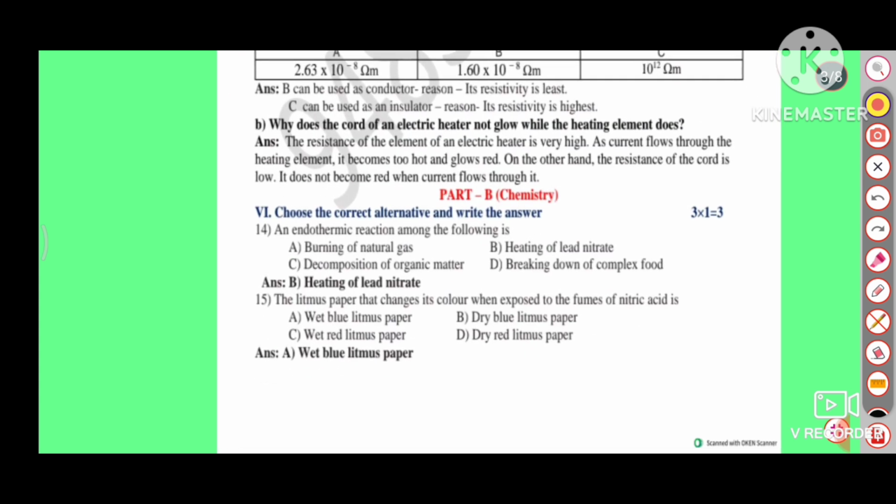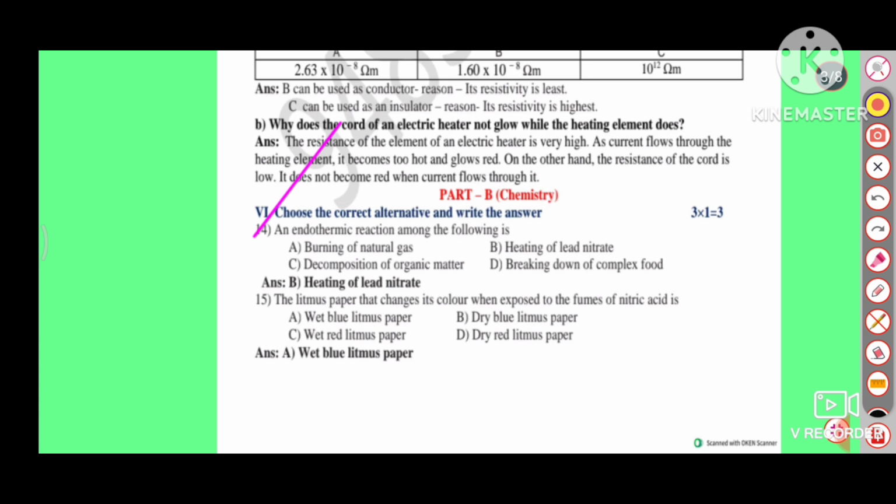Next, part B, chemistry. Choose the correct alternative and write the answer. 14th question: an endothermic reaction among the following is: options are burning of natural gas, heating of lead nitrate, decomposition of organic matter, breaking down of complex food.